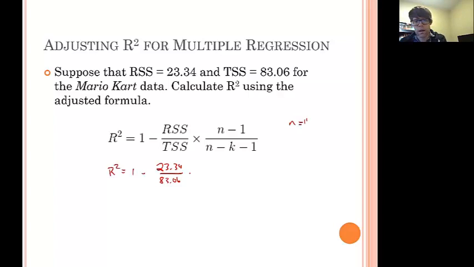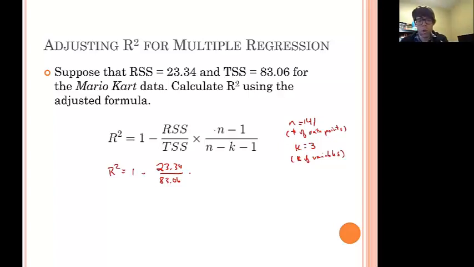So n is equal to 141. This is the total number of online sales that we looked at, so our number of data points. Okay, here k is equal to 3 because we looked at 3 different estimates or 3 different variables. So we calculated 3 different slope values.